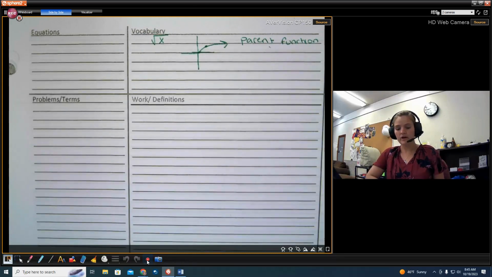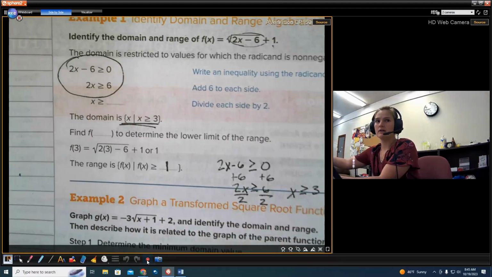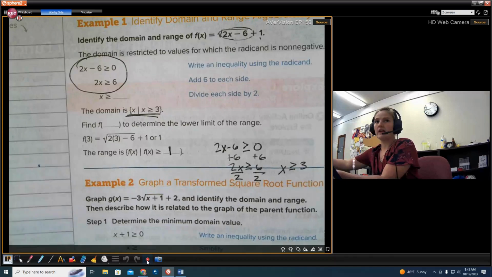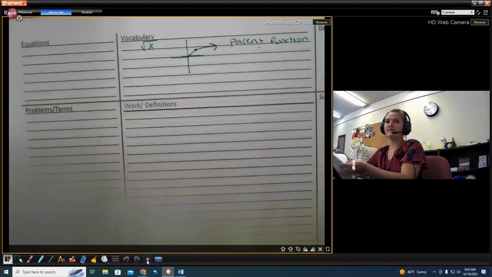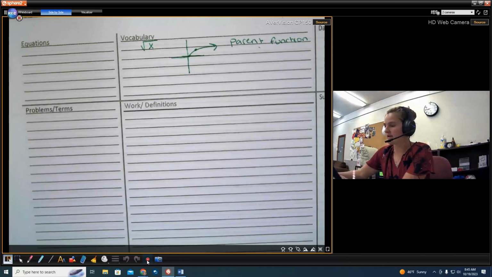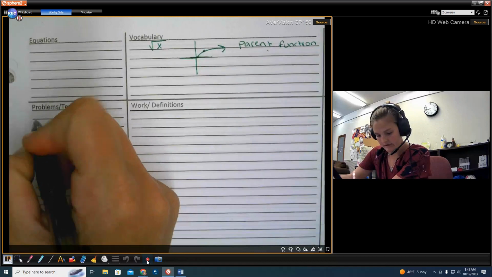Okay. So, example 1 says to identify the domain and range. And example 1 in your book is on page 324. Okay, and it says identify domain and range of 2x minus 6 plus 1. And remember, we always write it on this side in black.